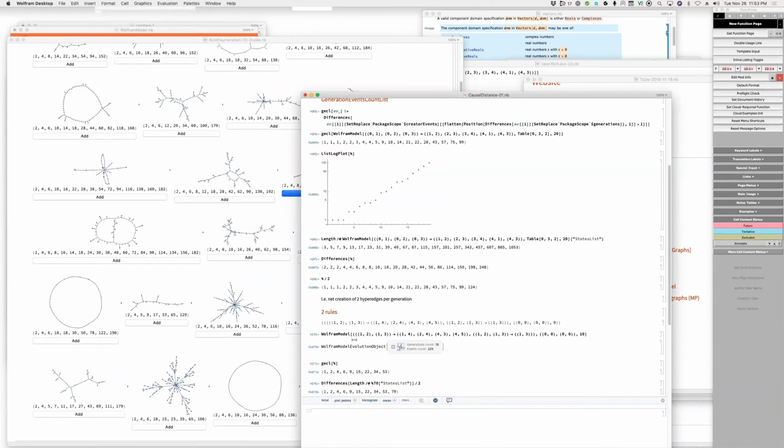Wait, what? Oh, I see. Well, of course it's not used. Why would it be used? They have the same left-hand side.